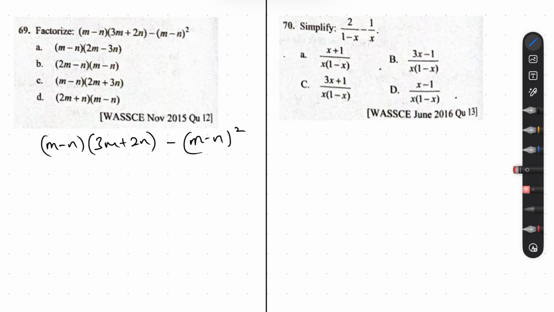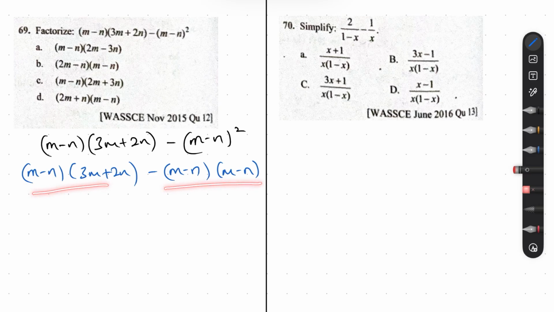But we see that this m minus n squared can be written as m minus n times m minus n, so we can have m minus n as a common factor over here, and then we can factor that out. Okay, so let's rewrite it so you see it properly. m minus n multiplying 3m plus 2n, then m minus n multiplying m minus n. Okay, this expression is the same as m minus n squared.